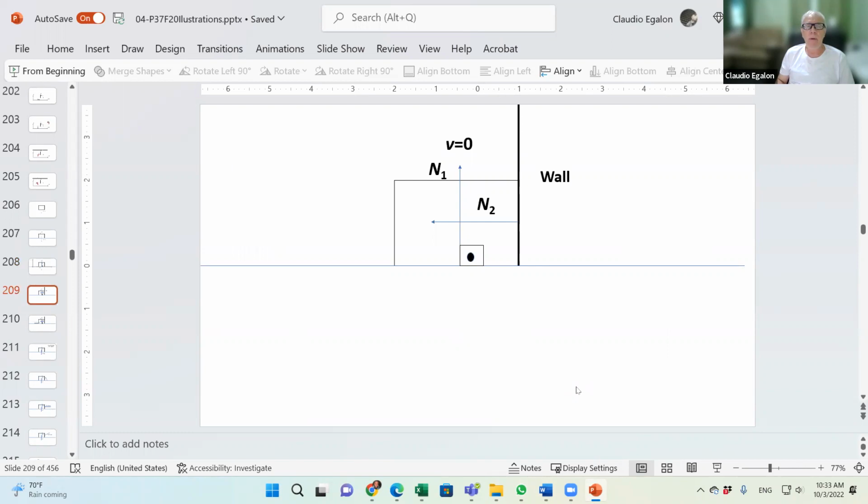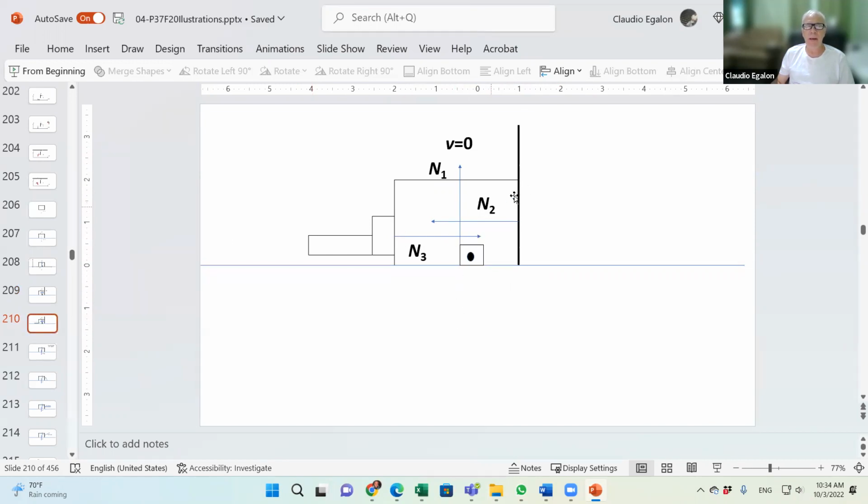We can, for instance, rest an object against a wall. If you find that the wall is applying a force to the object to the left, what does it mean? It means that there must be a third force applied to the right.